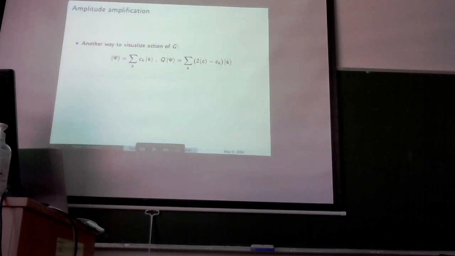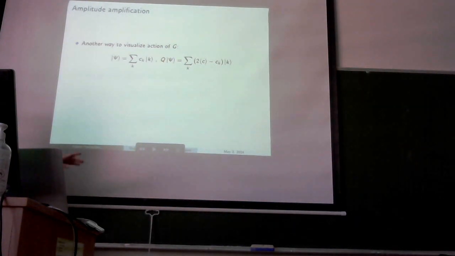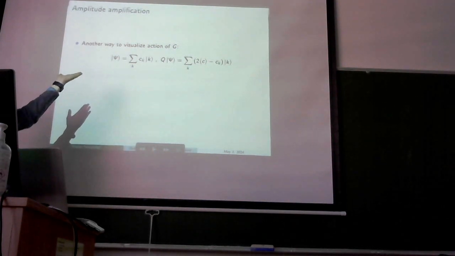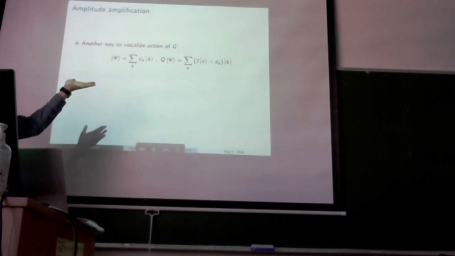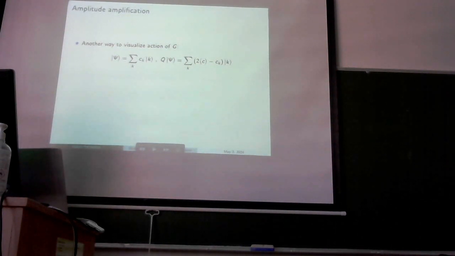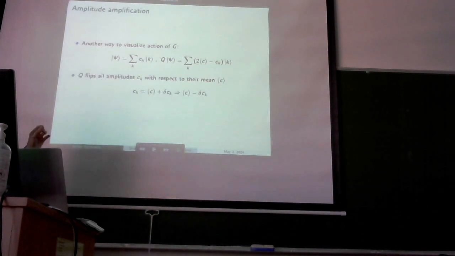However, going back to the idea of Grover's algorithm, it can be interpreted from a different point of view. If we take any element in the entire space, not in the particular subspace I was talking about before, it is going to be a generic linear combination of all the basis states, and it can be shown that the application of the diffusion operator to any arbitrary state results in the corresponding expression, in which we are essentially flipping each amplitude with respect to the mean of all the amplitudes.